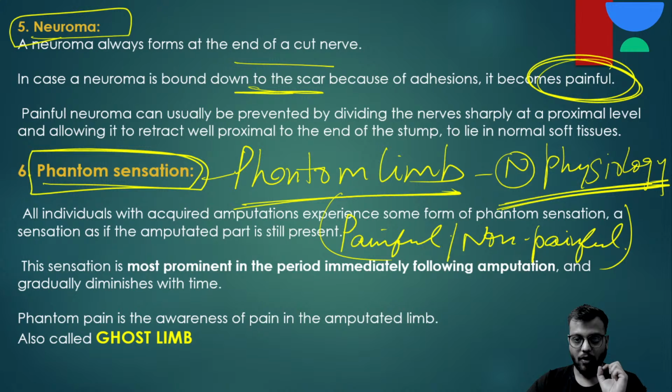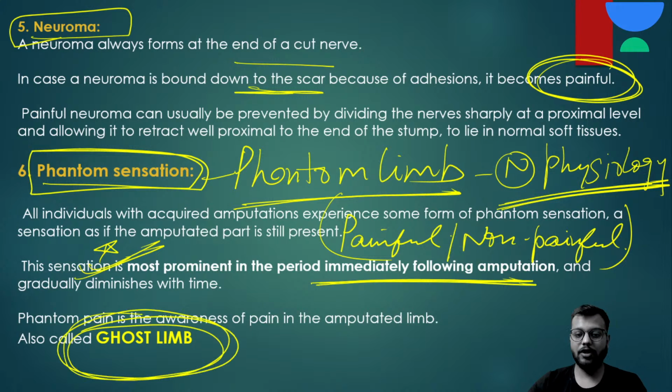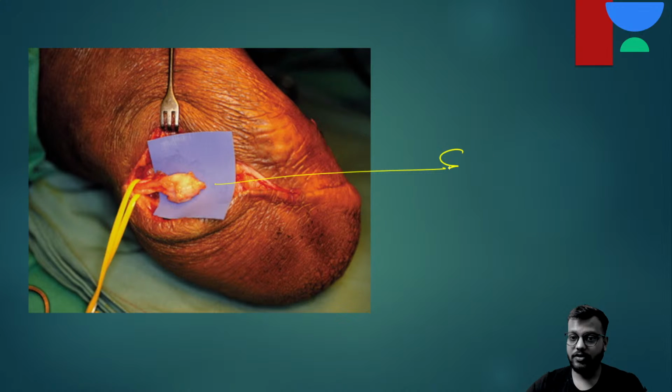Okay, and they are common, in every case they occur immediately just after the amputation. Okay, and gradually they subside in intensity. So immediately following the amputation they are the most prominent, and this is also called the ghost limb. This is also called the ghost limb. Okay, here you can see what this is: this is end neuroma at the amputation stump.